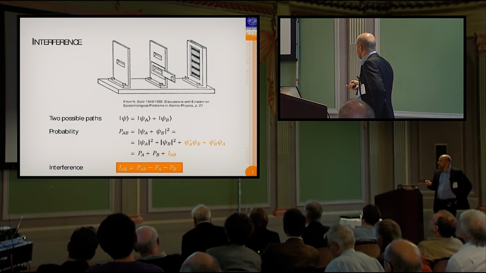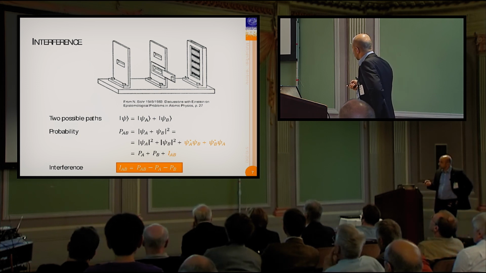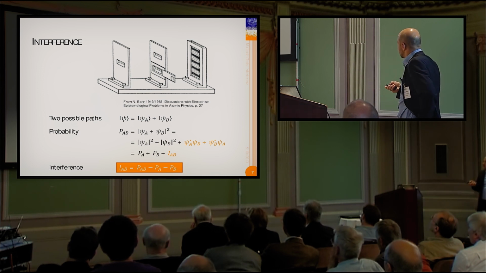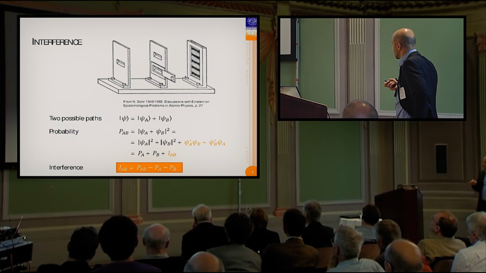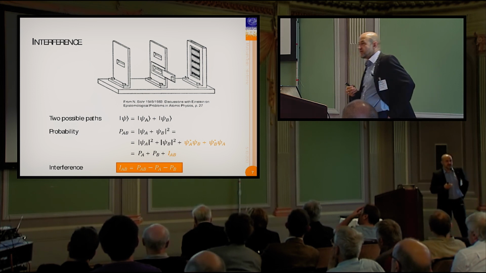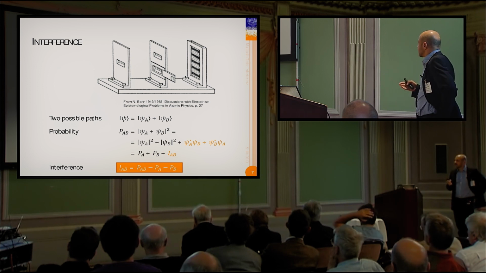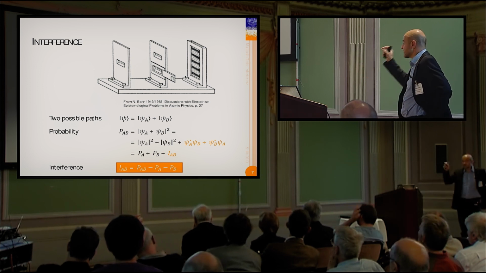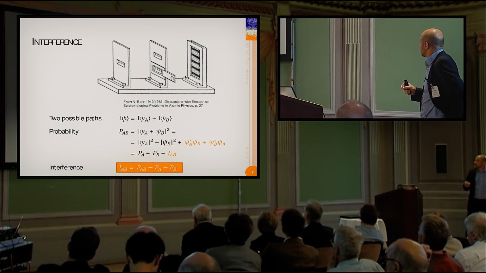And so if we define interference by the difference between what one would expect in a classical probability theory, so if I shoot at these slits with a shotgun and just record how many I get, and I assume that if I open one slit, I get a certain number of particles at a particular point at the detector or screen.